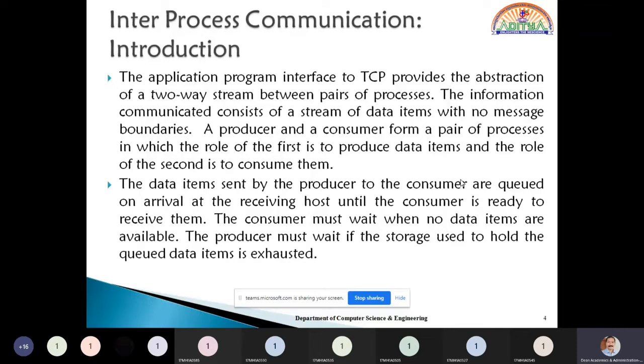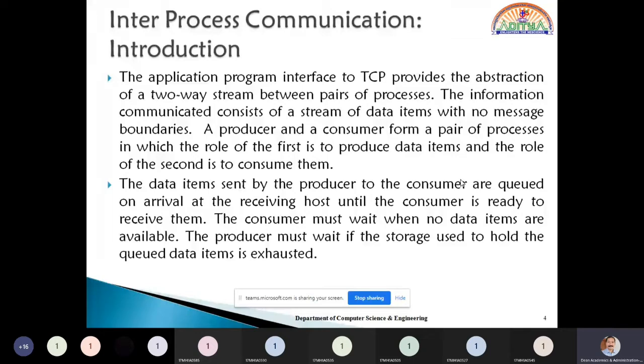The data or message transmission happens in terms of streams of data, without any boundaries. That means it's a continuous communication between a pair of processes. Here comes the concept of producer and consumer.